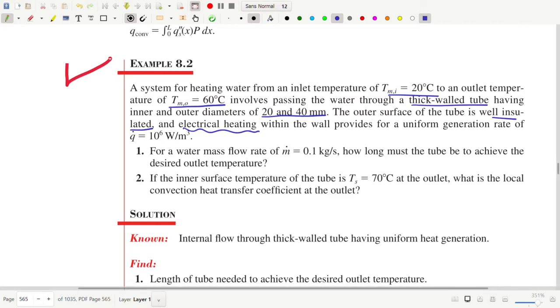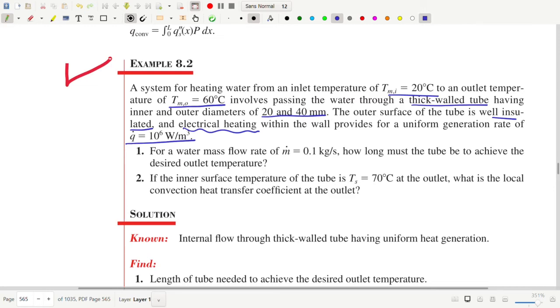So this 10 millimeter wall has an electrical heater embedded inside it, which produces the heat, which then gets convected to the water that is flowing inside the pipe. Okay. And it is also given that Q dot, which is the energy generated per unit volume, is 10 to the power of 6, or 1 megawatt per meter cube.